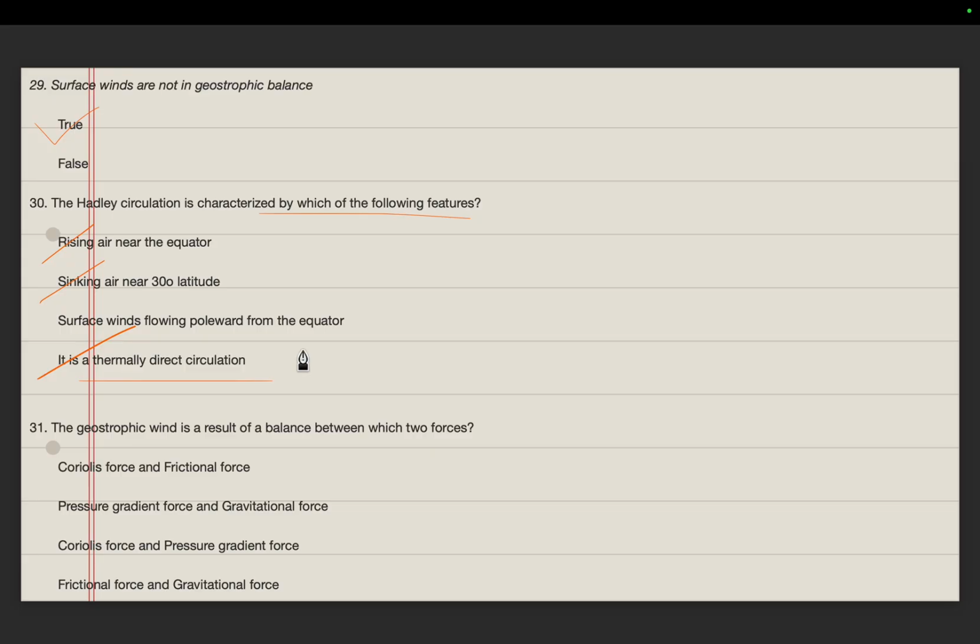I guess here frictional force means the force between the air and the earth's surface.